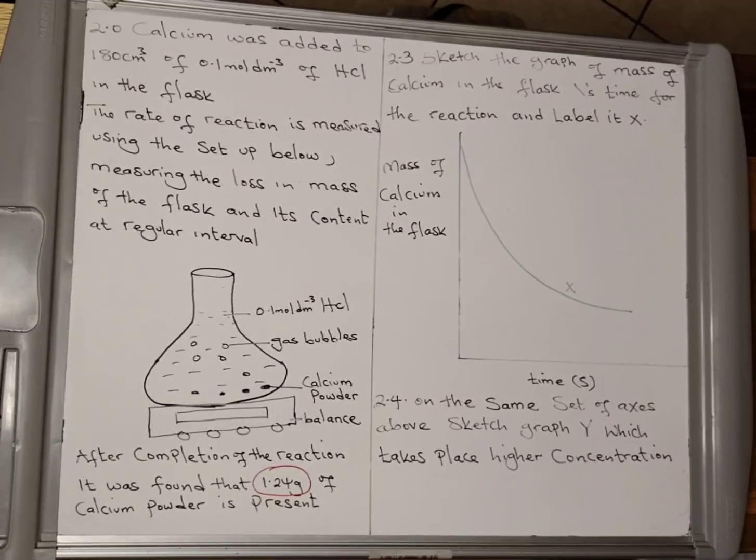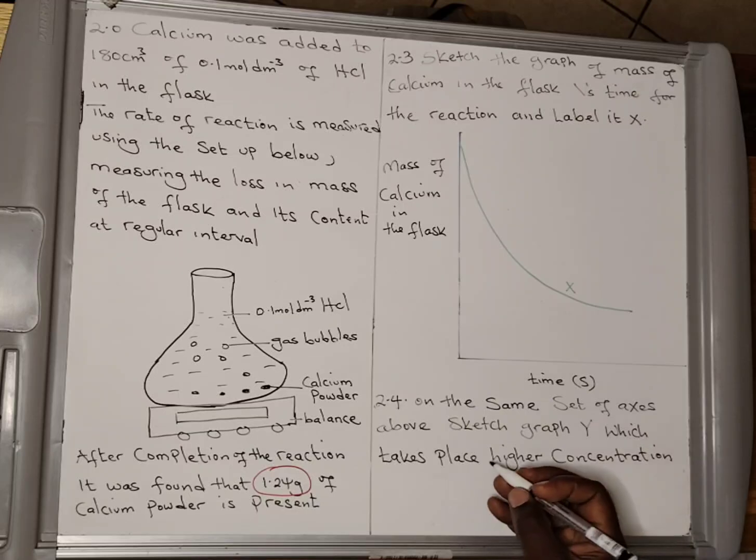Then comes this question. It says 2.4, on the same set of axes above, sketch the graph which takes place at higher concentration.